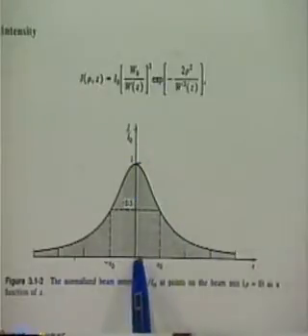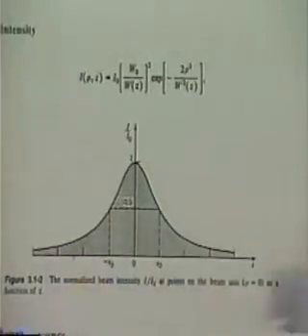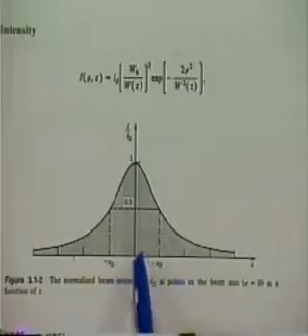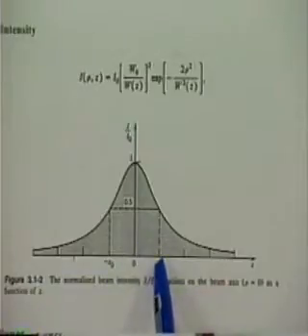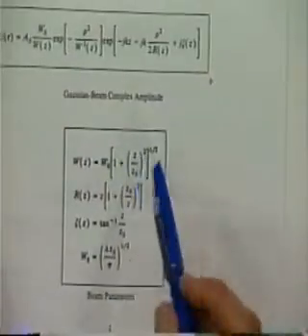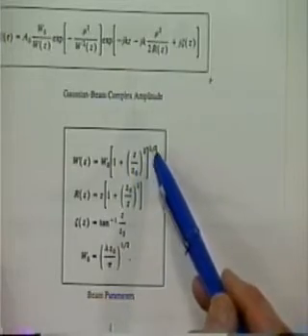As we move away from z equal to 0, the intensity is going to drop off. The beam is going to spread out. The interesting point that comes up many times is, what if we go a distance z naught away? If we go back to our expression and plug in z equal to z naught, we would have 1 plus 1, square root of that, so square root of 2.